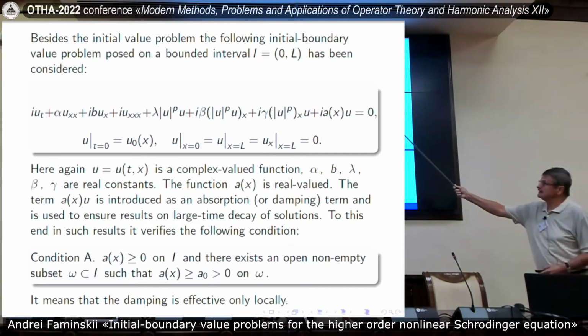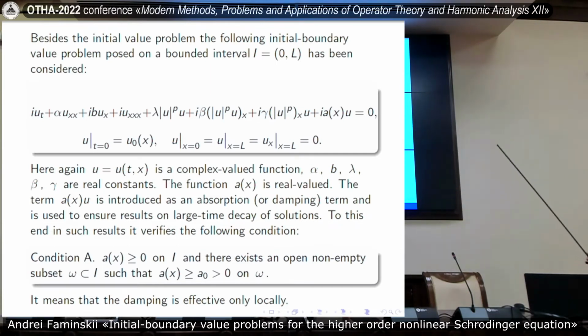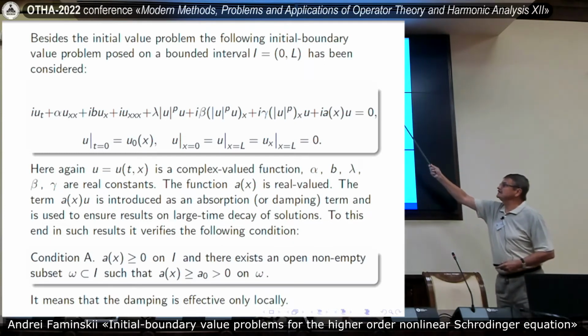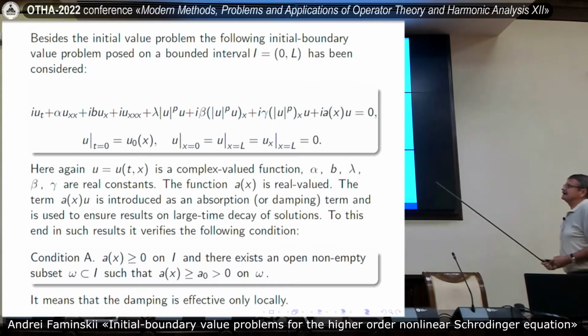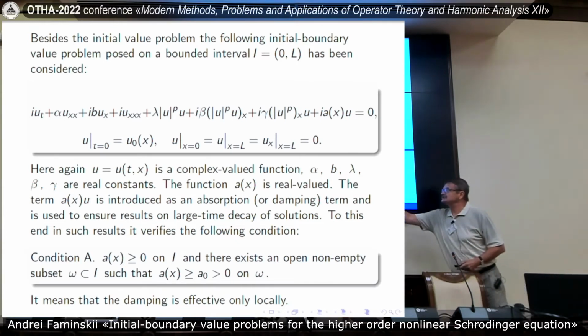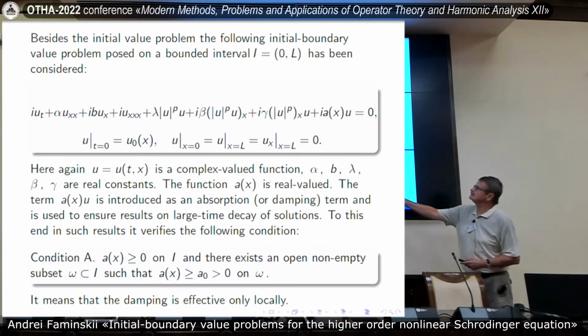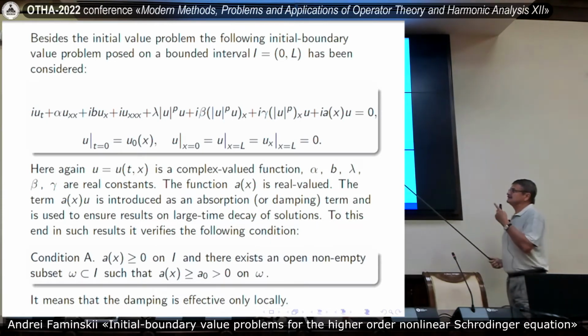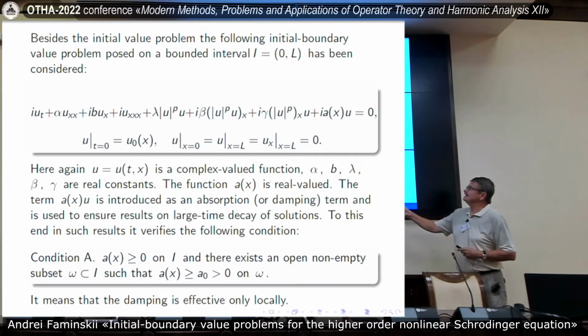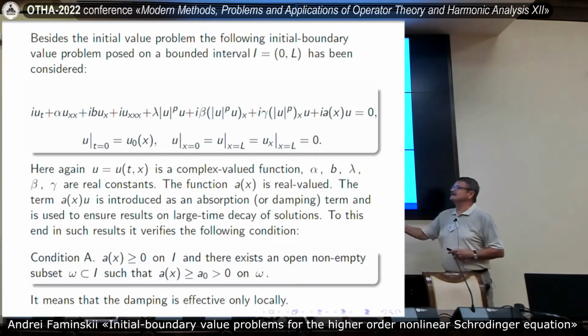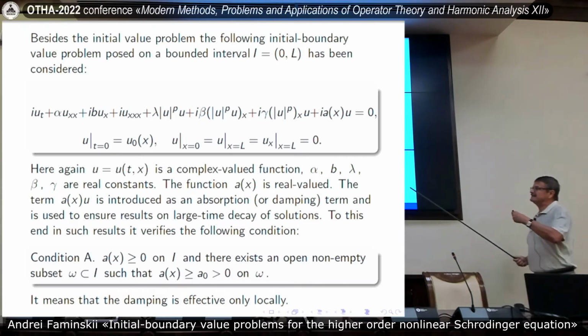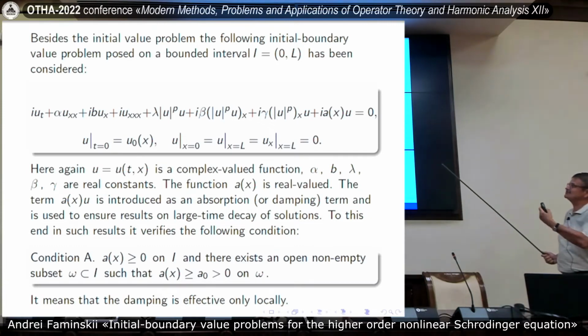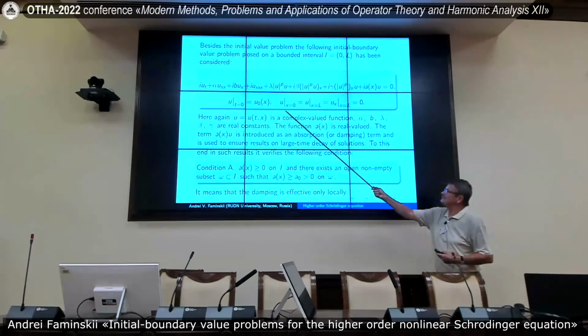So again, consider the higher order nonlinear Schrodinger equation on the bounded interval I. Here, besides the initial condition, we set such boundary conditions. So we have one boundary condition on the left side and two boundary conditions on the right side, and it again originates from the sign of this term.